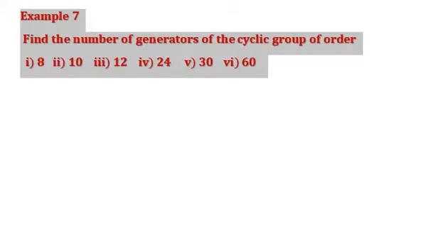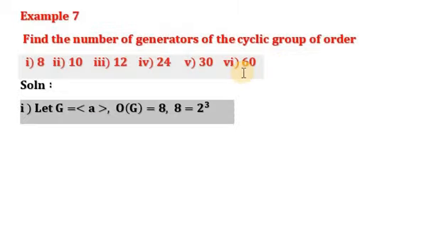Now let us find the generators of a few cyclic groups of different orders. Here I have taken groups of order 8, 10, 12, 24, 30 and 60. First problem: let G be generated by A and the order of G is given, that is 8. Find the prime factors of 8.